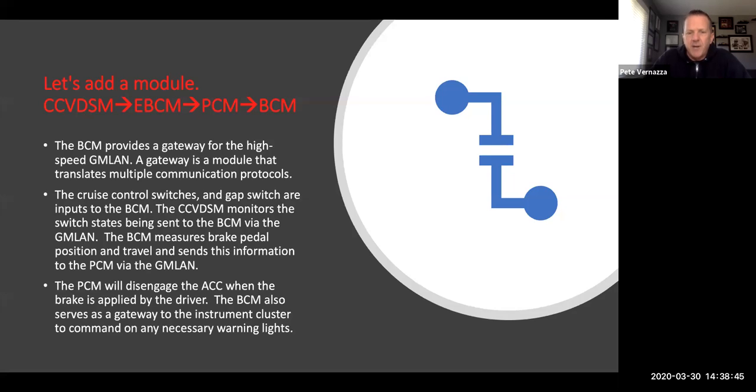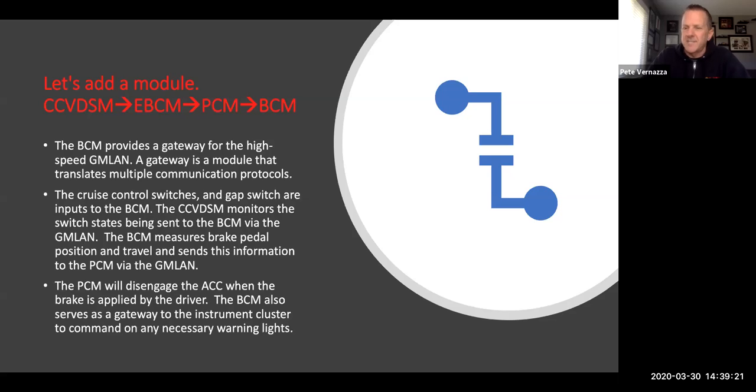So the distance module monitors the input state being sent by the BCM to the distance module via the GM LAN. And as I mentioned earlier, the BCM measures brake pedal position and travel. It also sends brake information to the PCM via the GM LAN. The PCM will disengage ACC when the brakes are applied, just like a traditional cruise system. When you think of a traditional cruise system, when you step on the brake, cruise is commanded off.